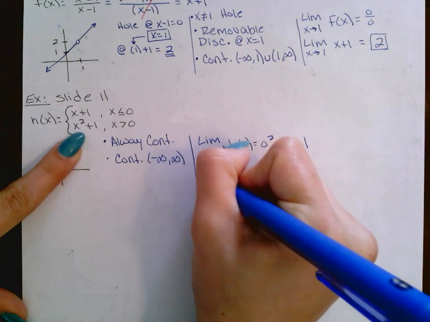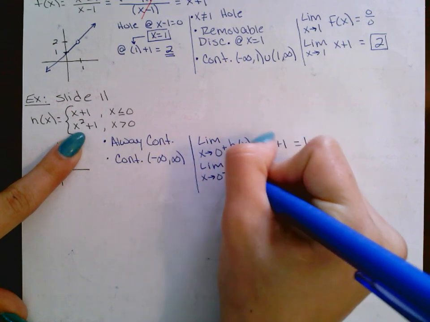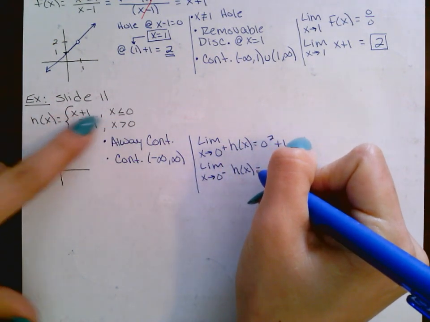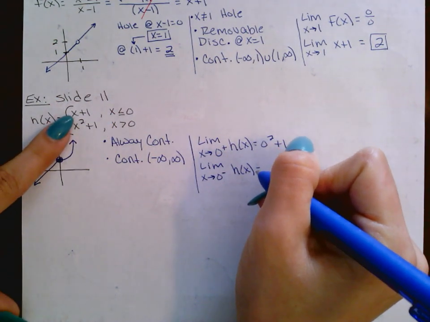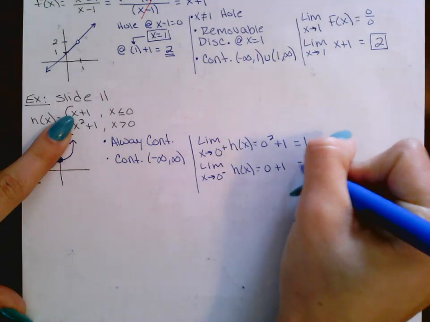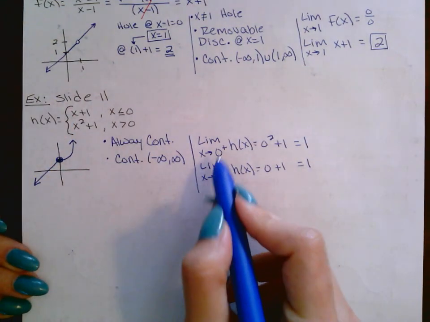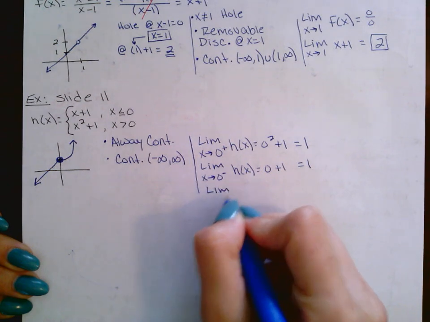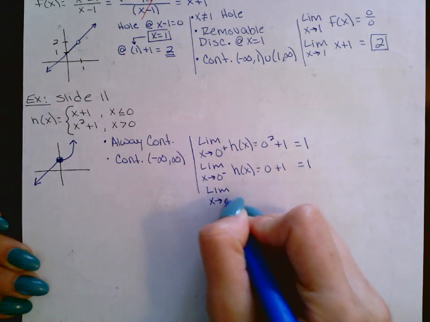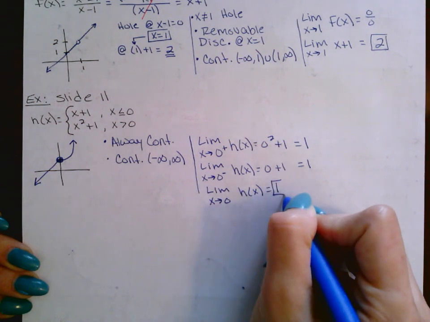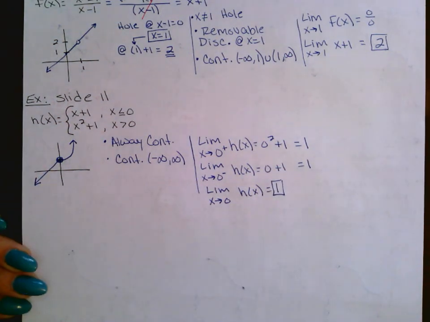The limit as x approaches 0 from the left, which is me plugging into the left of 0, the linear function would be 0 plus 1, also gives me 1. So we can see that the limit from the left and from the right agree. So I can say that the limit as x approaches 0 also equals 1, which again we can see visually because we drew our graph.